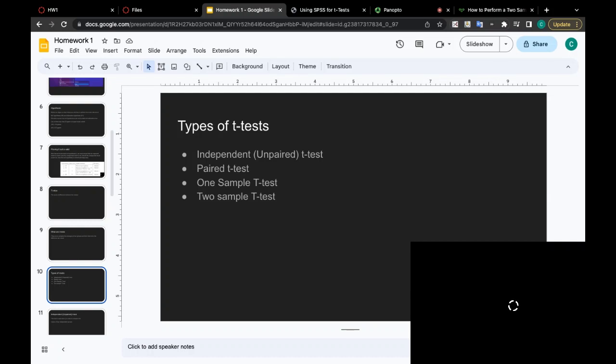A little bit different, but in the SPSS software, it's going to be roughly the same, with some differences and caveats. The independent unpaired t-test and two-sample t-test are the same, at least in SPSS, but they are different, so I would like to talk about it at least.